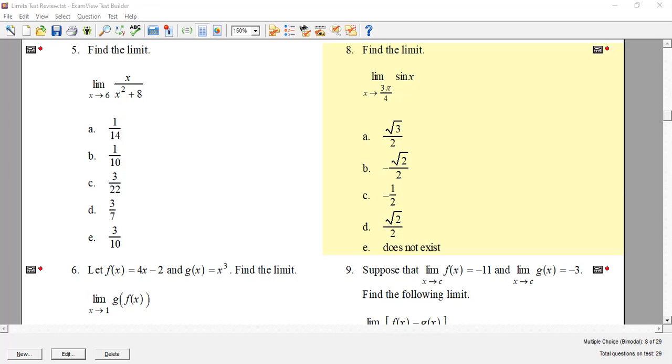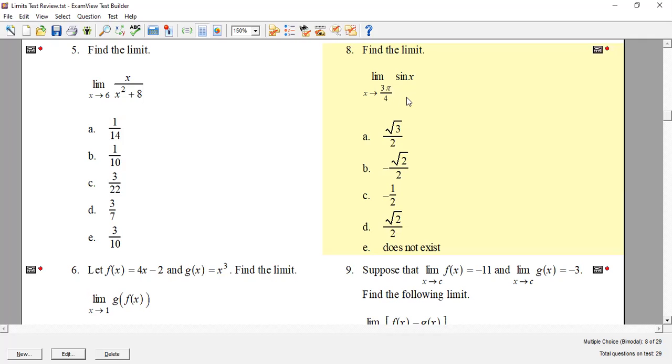It gives us 0.707, and all of my stuff is in like fractions. So when I look at it, I got a positive 0.707. So that's definitely going to eliminate B and C. It's going to eliminate E because I know it does exist.